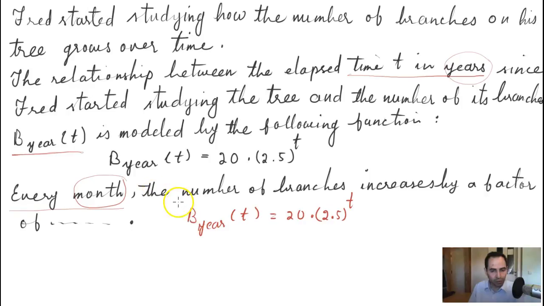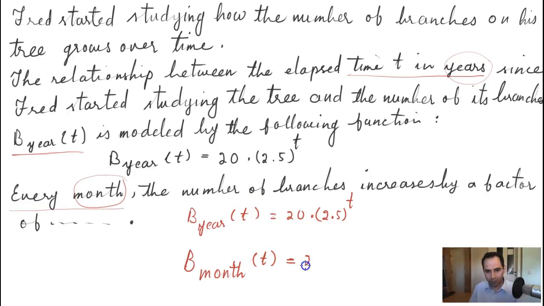So what you need to do here is construct another function b of month of t. So here again, your input becomes months, not years. Here your input is years.